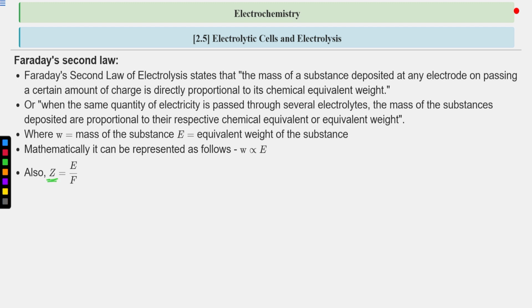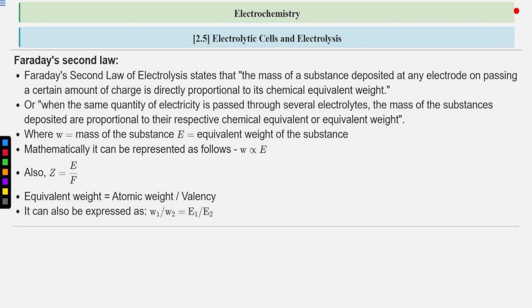Also, Z equals E by F. Equivalent weight equals atomic weight upon valency. This is the formula for the equivalent weight. That means equivalent weight E is the atomic weight of the substance divided by the valency of the substance.